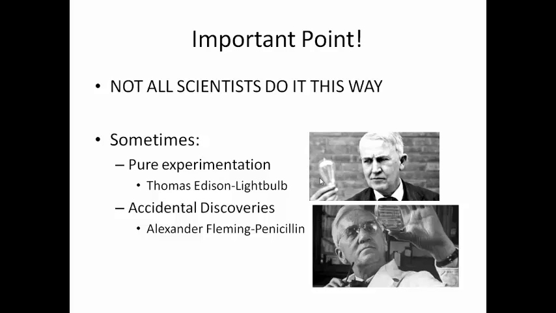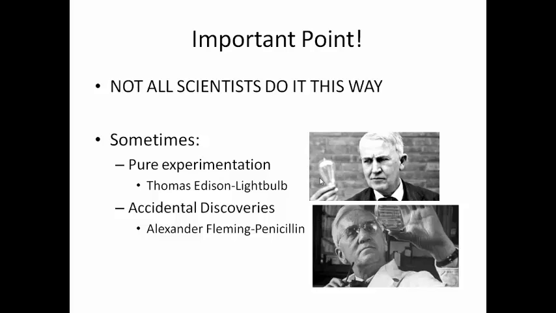There wasn't information out there for him to really figure out how a light bulb worked, so he just had to try a whole bunch of different things, lots and lots of different experiments, until he figured out how filaments actually work. Feathers don't work. String doesn't work. You have to use a filament to heat up and get that light bulb to work.